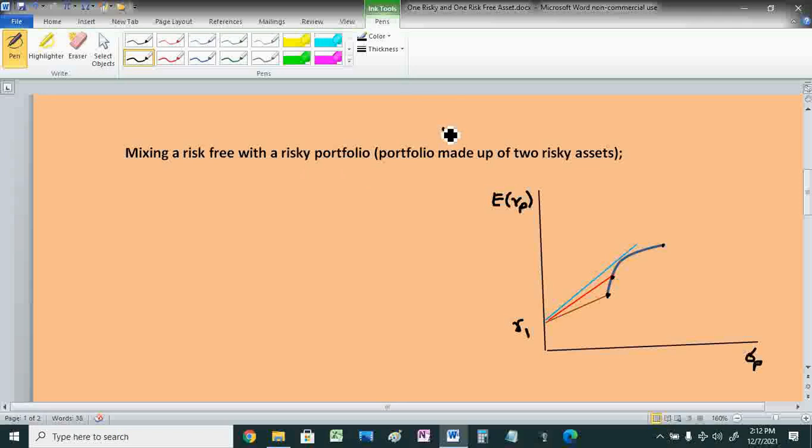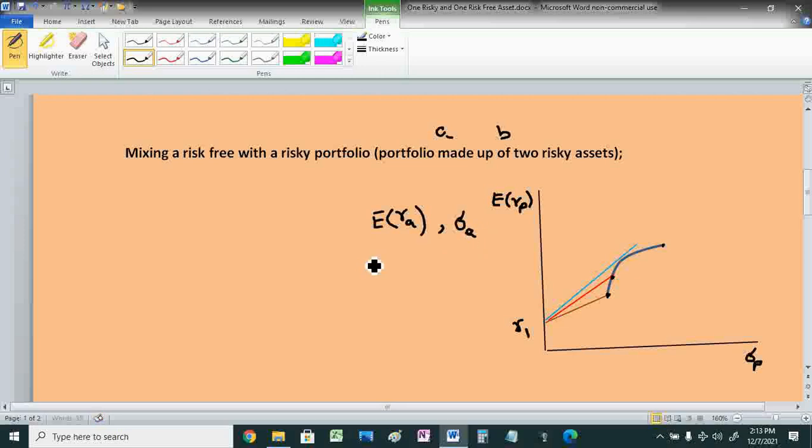Call these risky securities security A and security B, so that if we think in terms of security A, I could write that the expected return on security A will be equal to E(RA), and that its variance will be equal to sigma A.